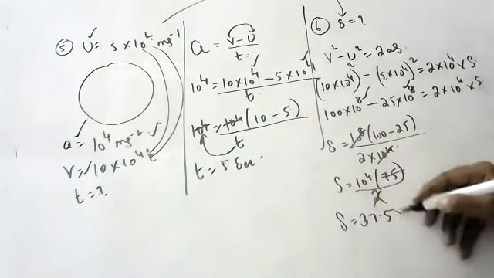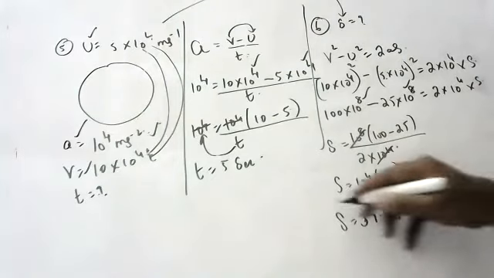S is equal to 37.5 into 10 to the power 4 meters.